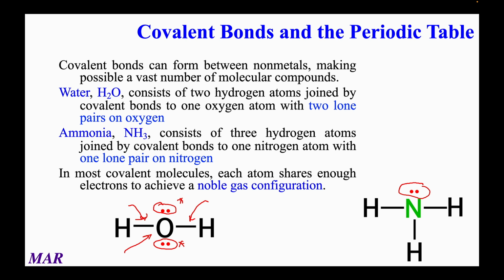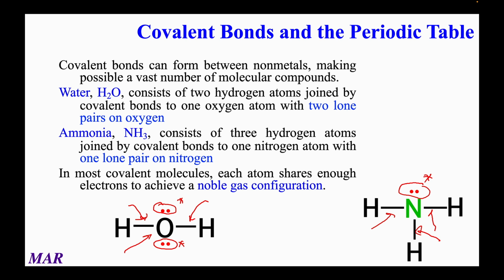So that's a total of 8 electrons, or 4 pairs. That's going to give it its noble gas configuration. Now the nitrogen on the right-hand side has the lone pair like we talked about, and it also has 1 and 2 and 3 bonding pairs to hydrogens. So 3 bonding pairs times 2 electrons per pair is 6 electrons, plus the 2 electrons as the lone pair. It also has 8 electrons, which is a noble gas configuration.